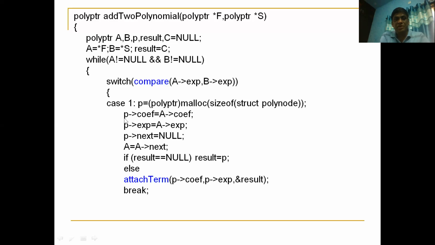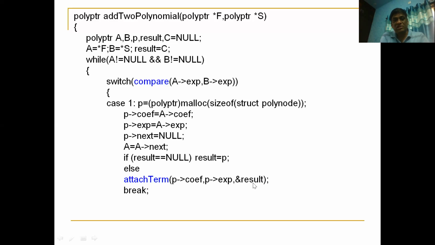So this P becomes the first node. Therefore, result is equal to P. Otherwise, attach this term at the end of the existing result. Therefore, we call the function attach term, and send the information of p coefficient, p exponent, and ampersand result.